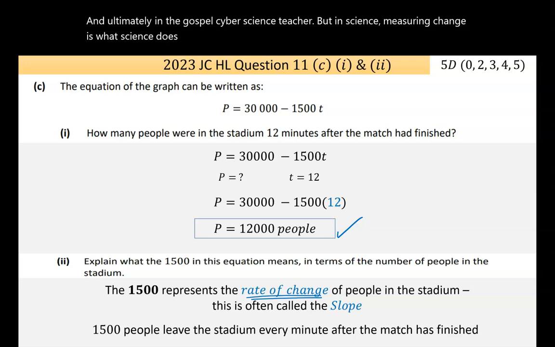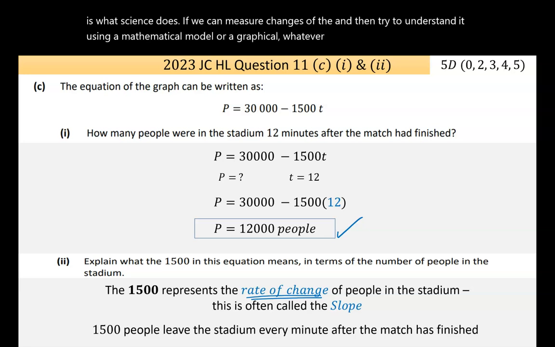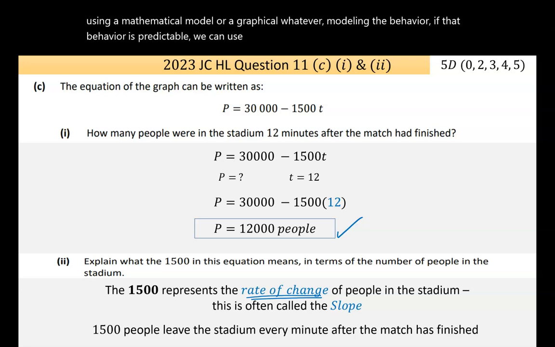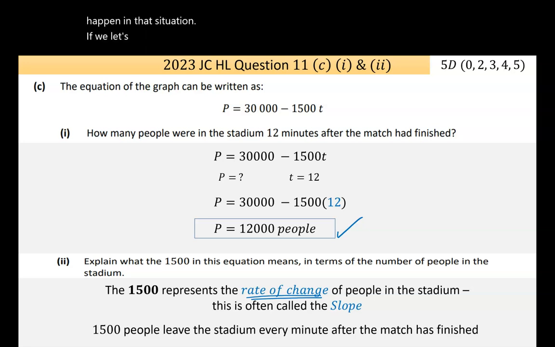If we can measure change in something and then try to understand it using a mathematical model or a graphical model of the behavior, and that behavior is predictable, we can use that in different scenarios to see what would happen in that situation.